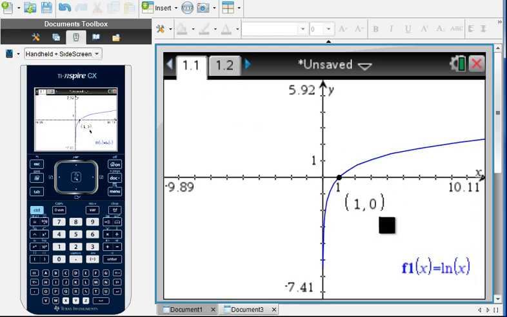Let's have a look at, for example, the same thing as the exponential functions. We can, for example, get some exercises where we want to know the equation for the tangent to the curve. Let's find the tangent to the curve ln x through the point 1, 0.